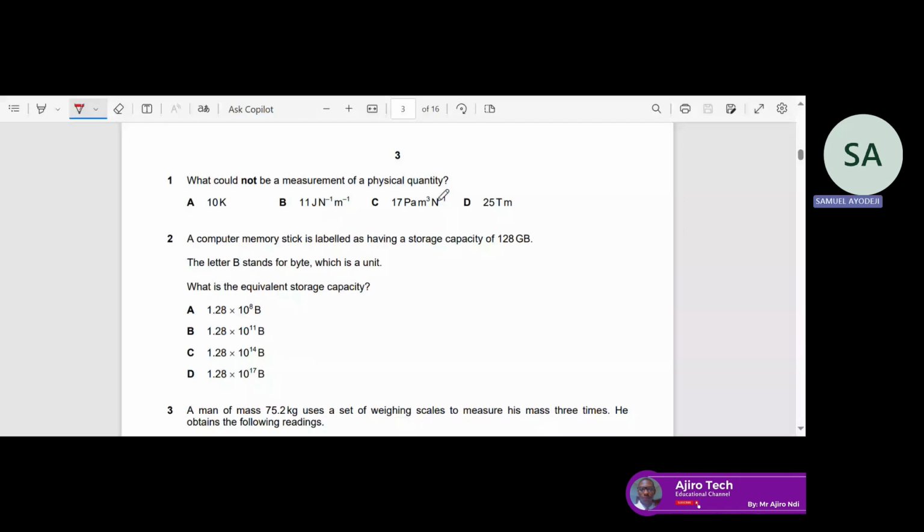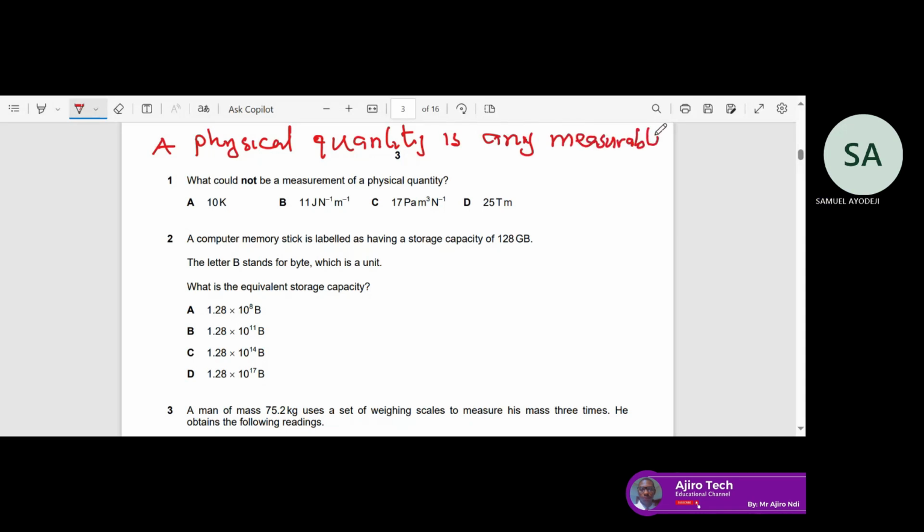That's called a physical quantity. So it must be a quantity, not a unit.